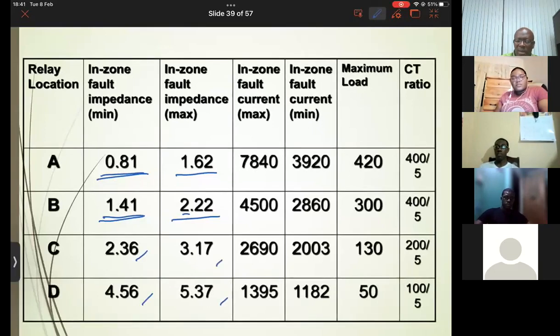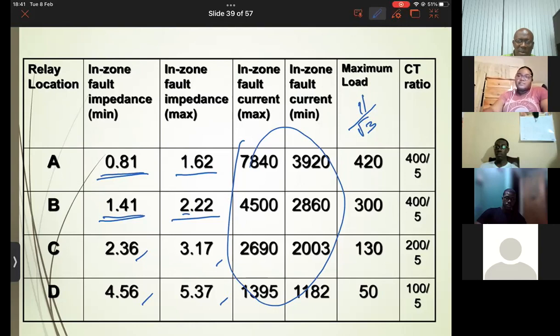And in order to get these currents, we're just going to be dividing the 11 over root 3 by each. So if you have the minimum in zone at B, it will be 11 over root 3 divided by 1.41.